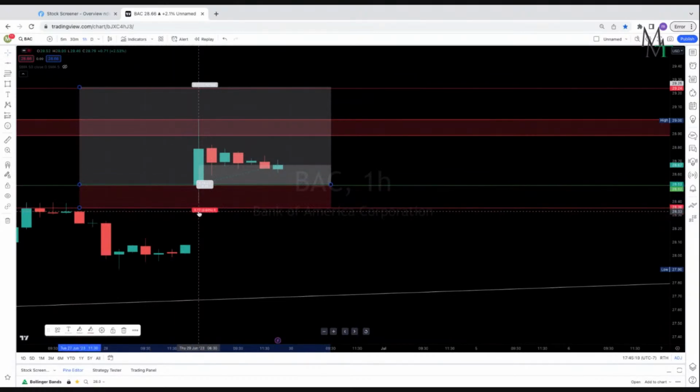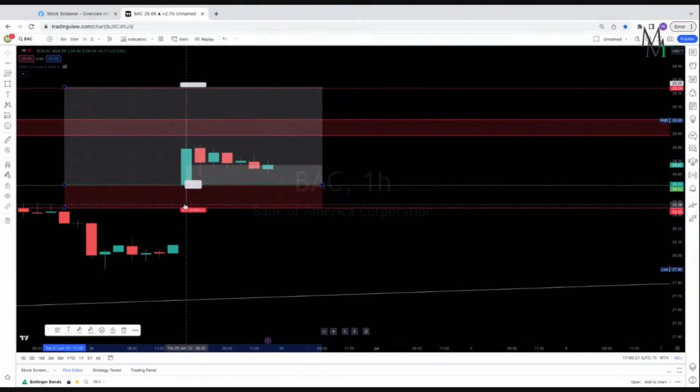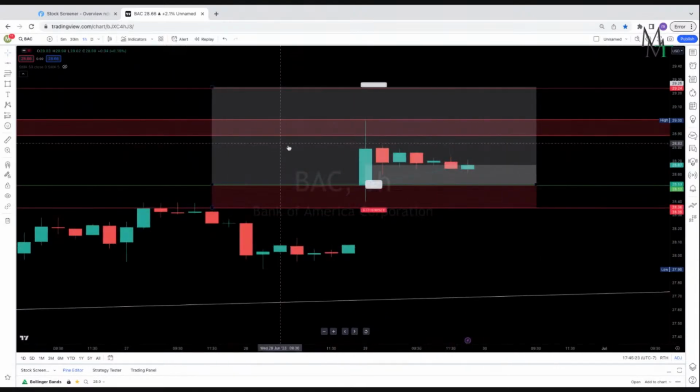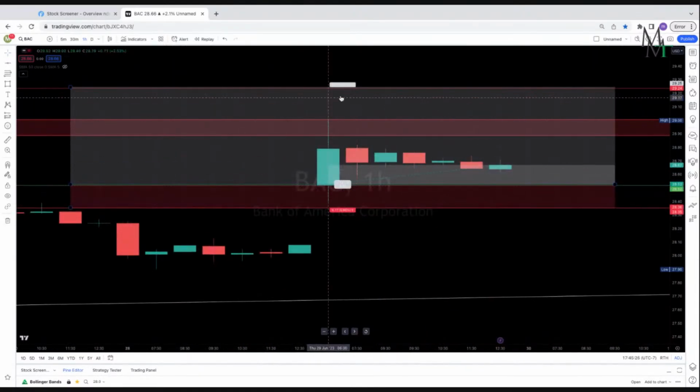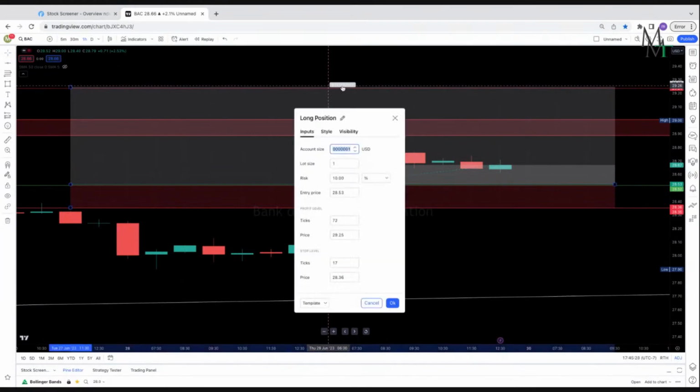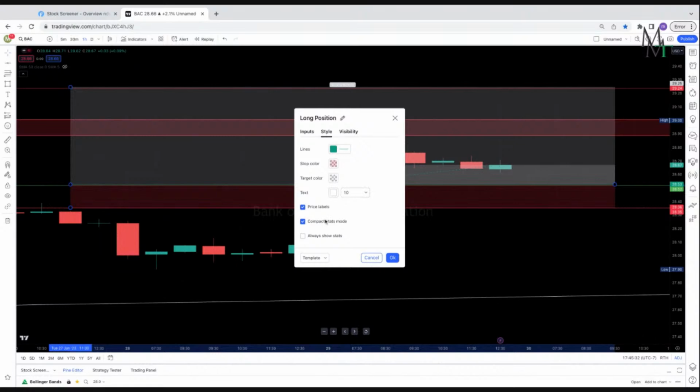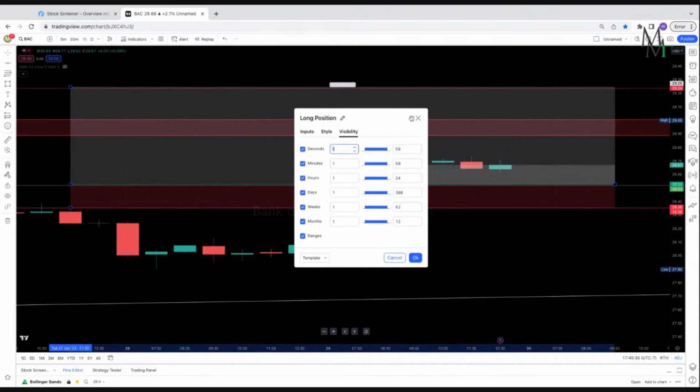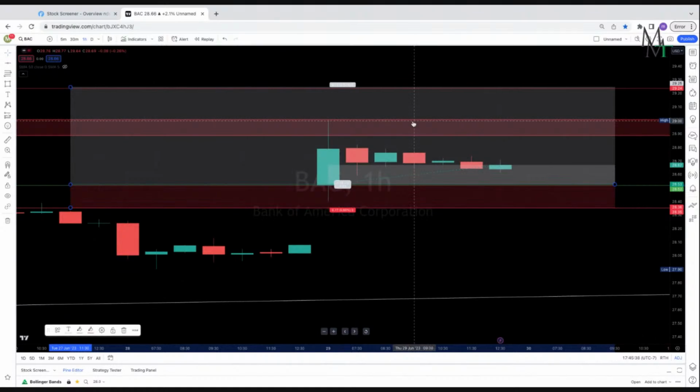If you can see here, it says 0.17. Let me see if I can zoom in. And this one here, I've got to change the color because I could barely read it. Okay, so this one here is showing that if this works, I'm going to get 75 cents in terms of profit. So my stop is 17 and my profit is 75.